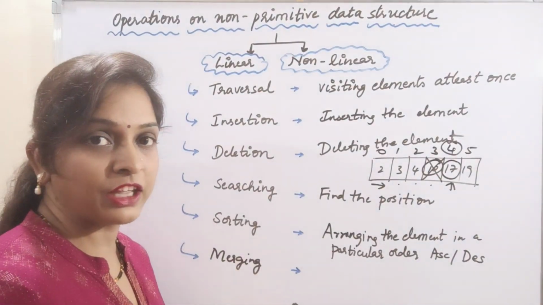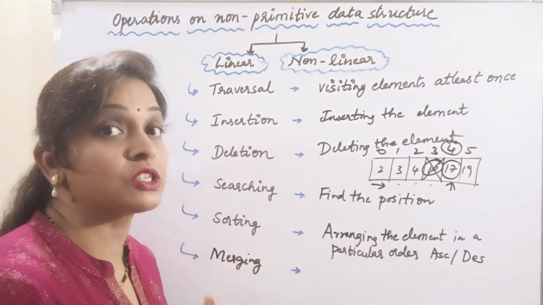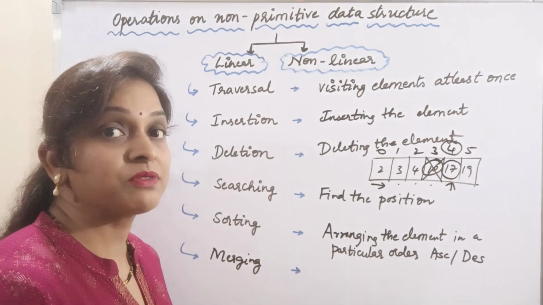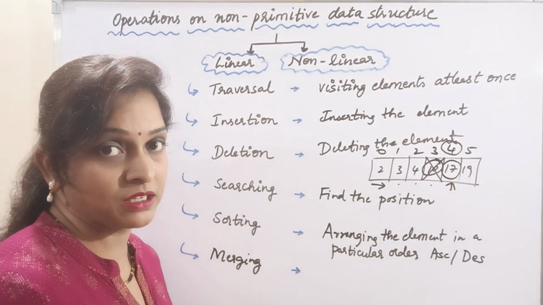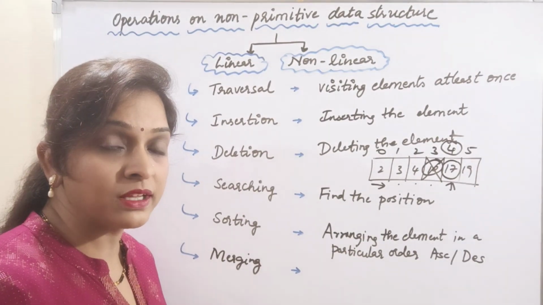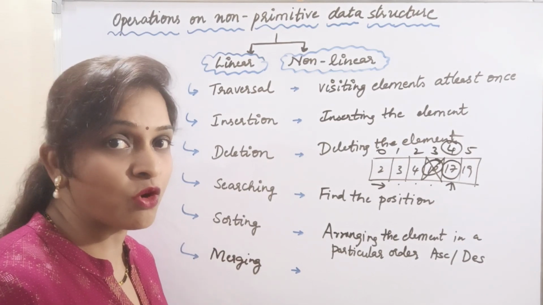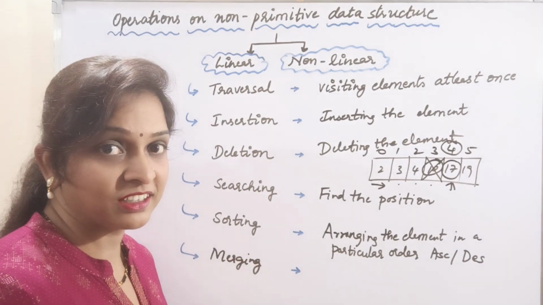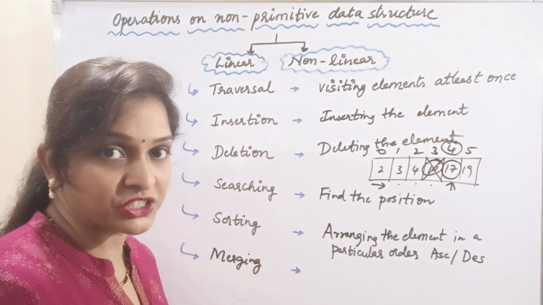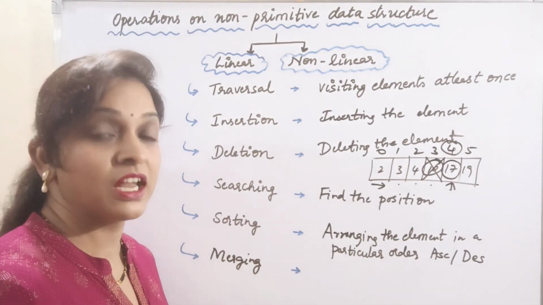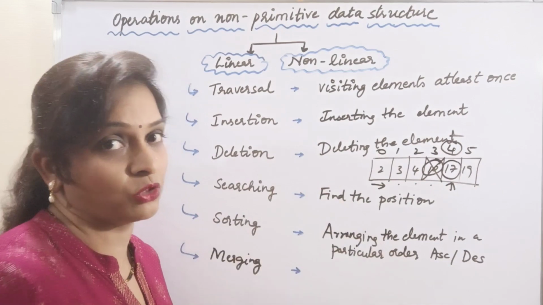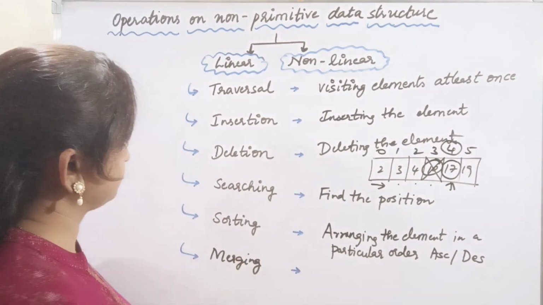That is arranging the elements. Again, we have different sorting techniques with which we can arrange the elements. And how are these elements stored? It may be in the array data structure, or in the stack, or in the queue, or in the linked list. So we have different data structures. We need to learn those data structures and try to perform the operations on them.